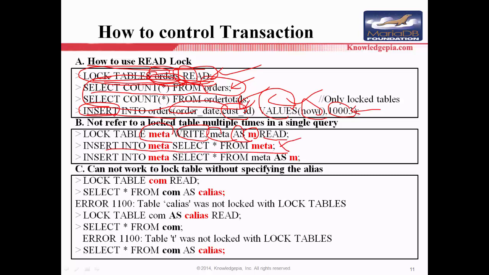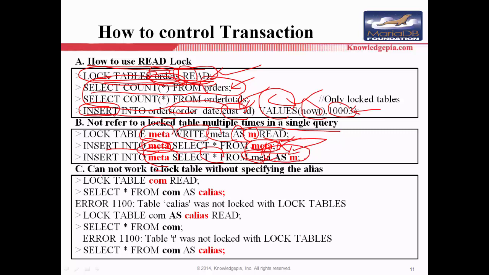This one will fail because in this single query, I am using meta twice. In this case, this one will fail. So in this case, we have to write insert into meta select from meta, the table name, but this one must use an alias name like this.